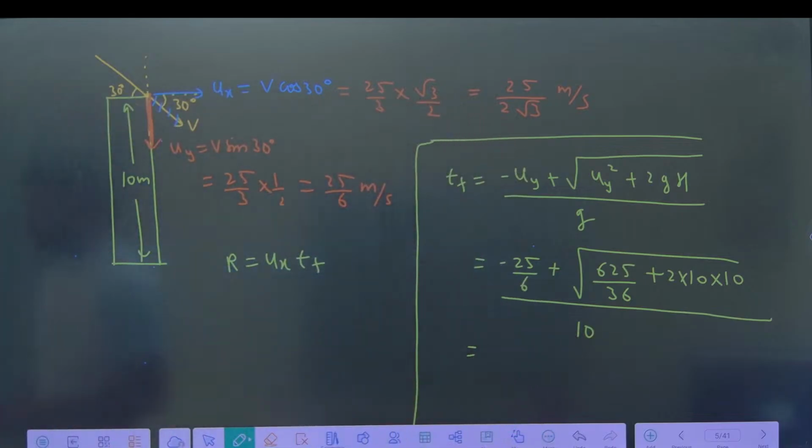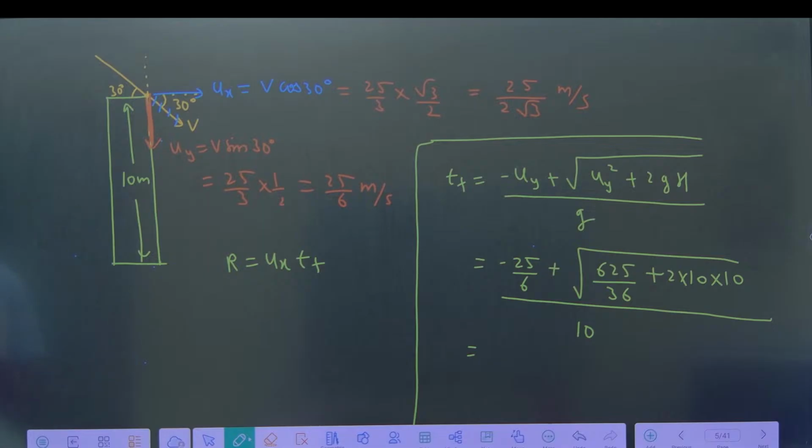So without wasting time, let's calculate that. Root of 217 is 14.73.